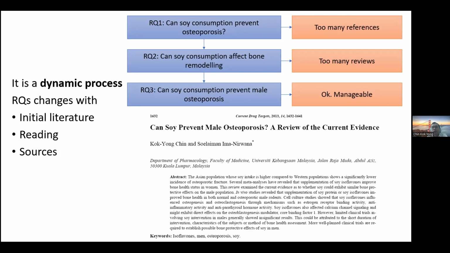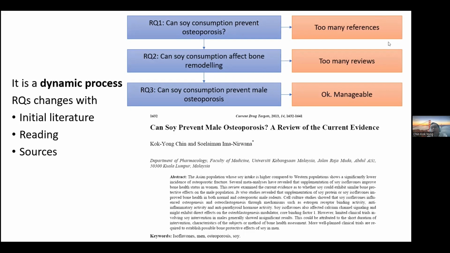The first research question that I came up with was: can soy consumption prevent osteoporosis? When I looked at the evidence, it was a lot. There are a lot of references regarding this topic, too much to be handled by a small team, too much to be summarized.